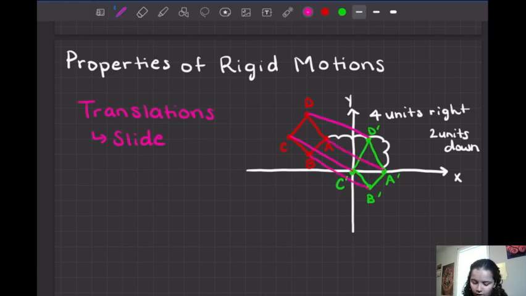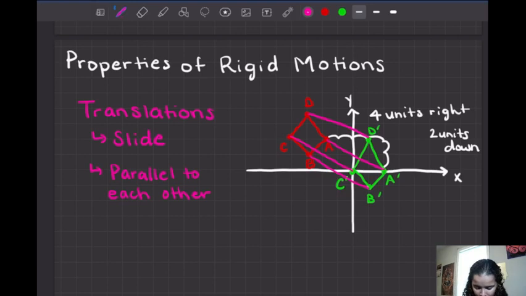If you notice, all of those line segments are going to be parallel to each other, okay? So those line segments are never going to intersect. So whenever you translate the pre-image to the image, if you draw line segments connecting the pre-image point to the image point, all of those lines are going to be parallel to each other, and they're also going to be the same length.